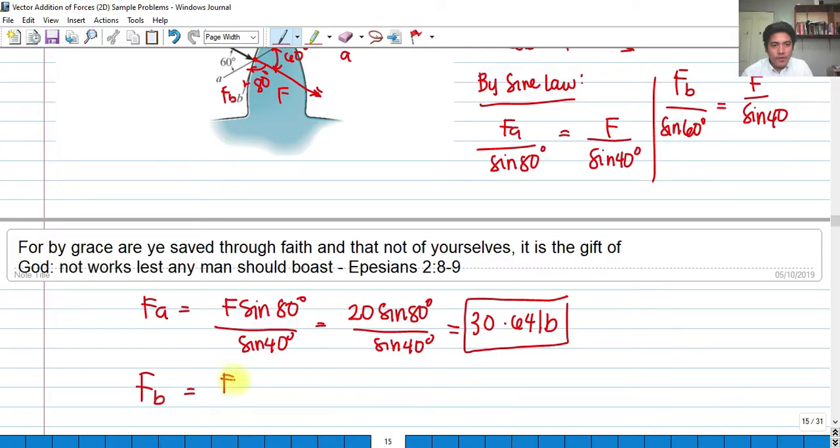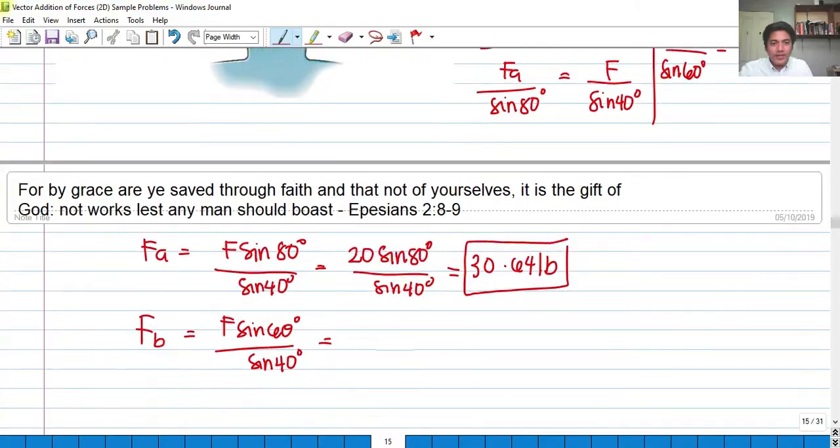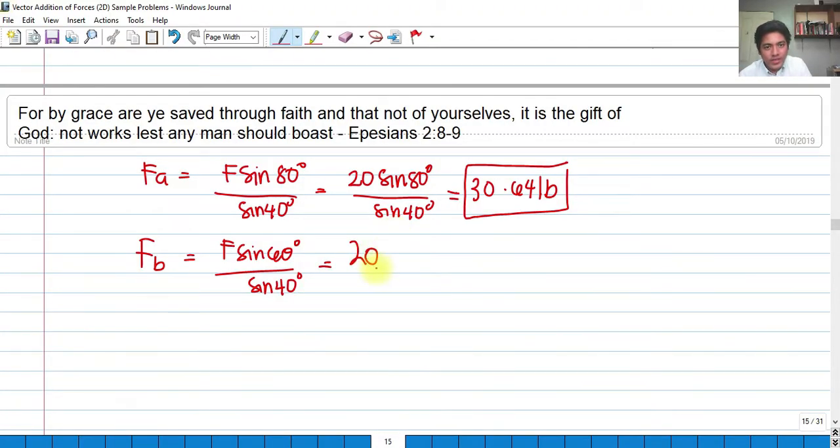That should be F sine 60 degrees over sine 40 degrees. It's equivalent now to 20, it's still 20 sine 60 degrees over sine 40 degrees. I hope you are not being bored because I solved this as a step-by-step process.